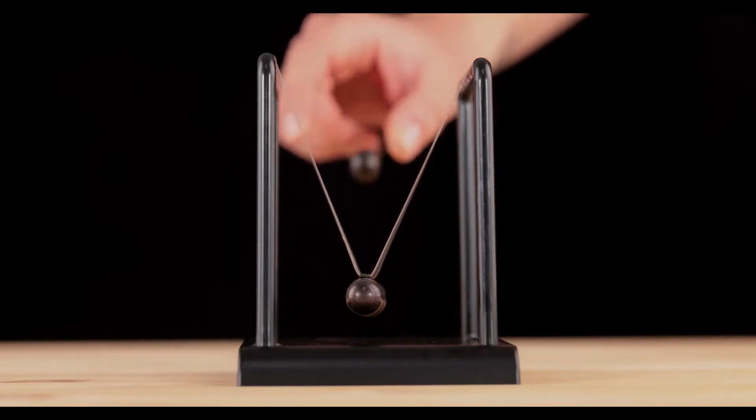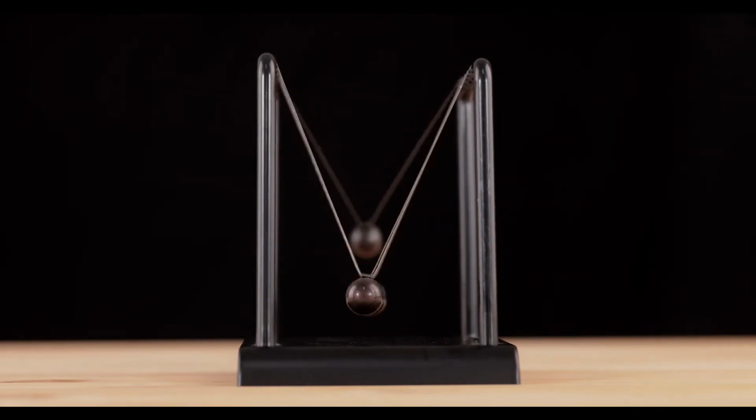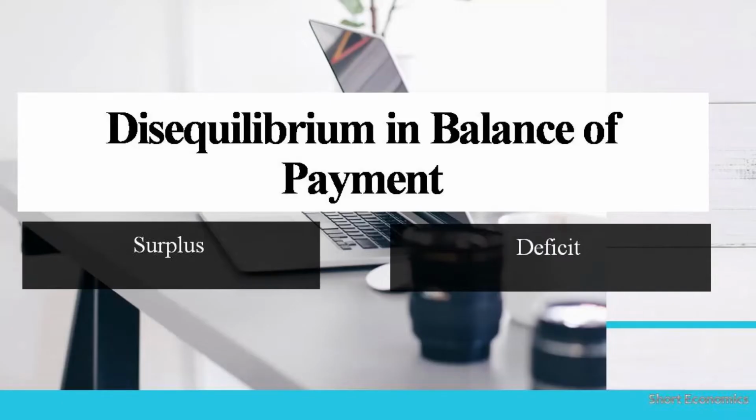Now we need to consider the disequilibrium in the balance of payment. When there is either a deficit or surplus in the balance of payment, it is said to be in disequilibrium. Both deficit and surplus of balance of payment are considered a disequilibrium.